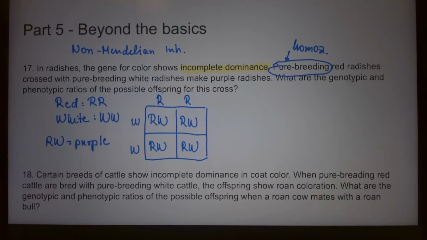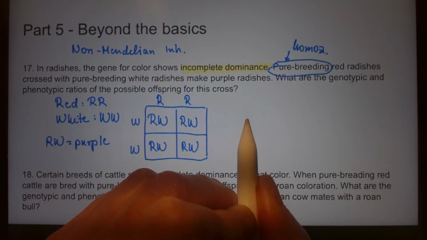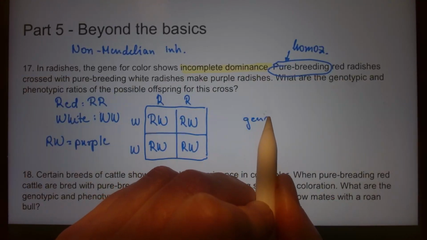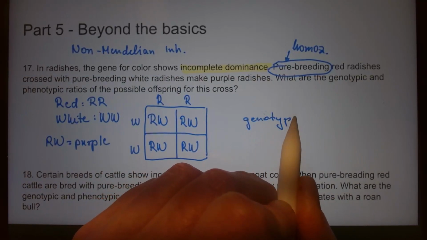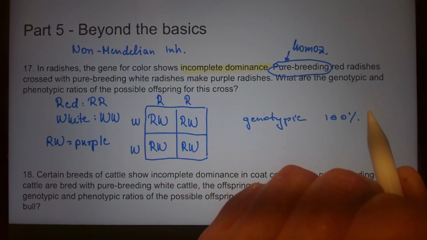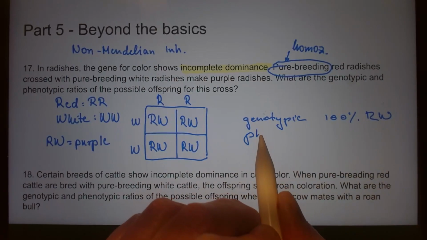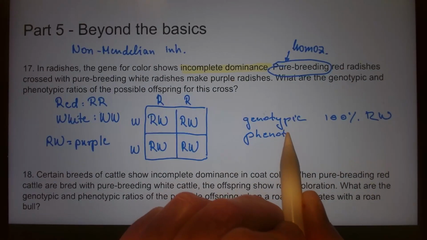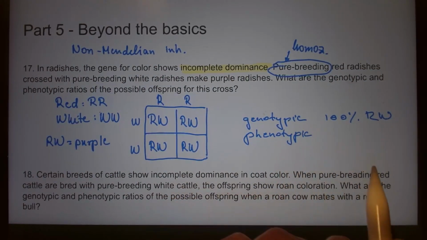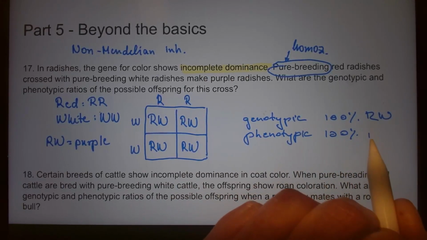So the genotypic and phenotypic ratios, let's say genotype, all of them, 100%, is going to be R, W, and the phenotypic ratio is going to be 100% purple.